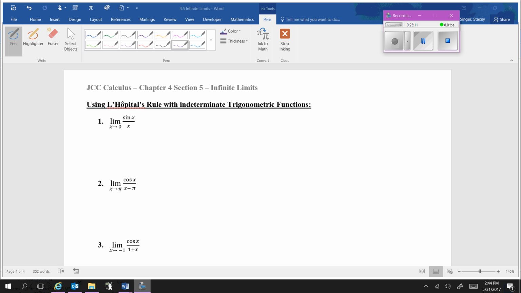So L'Hopital's rule will work for indeterminate trig functions as well. Those do not have to approach negative infinity or infinity. You just use the derivative of the numerator and denominator, and then you can plug in.